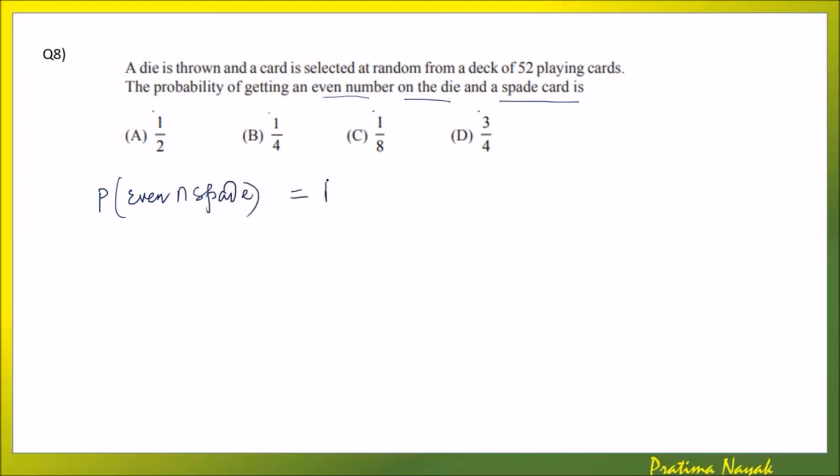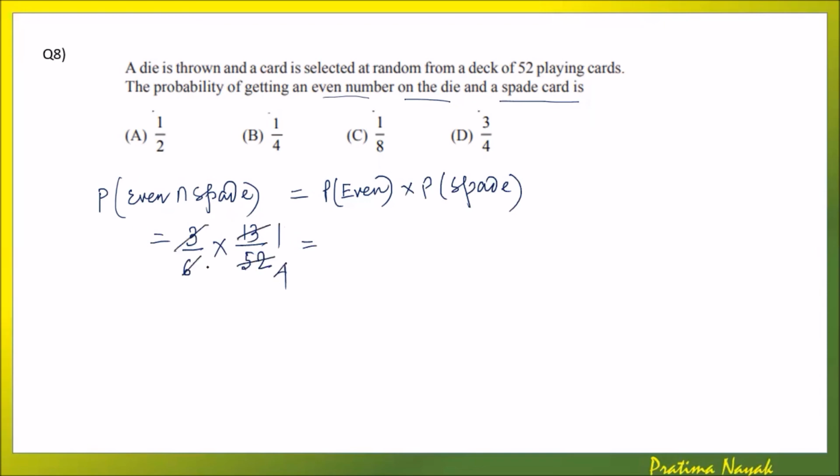So probability of even multiplies probability of spade. The probability of an even number will be 3 by 6. The probability of spade is 13 by 52. There are 13 spade cards. So how much will it be? 13 1s are 13, 13 4s are 52, and 2. So this will be 1 by 8. So 1 by 8 is the answer.